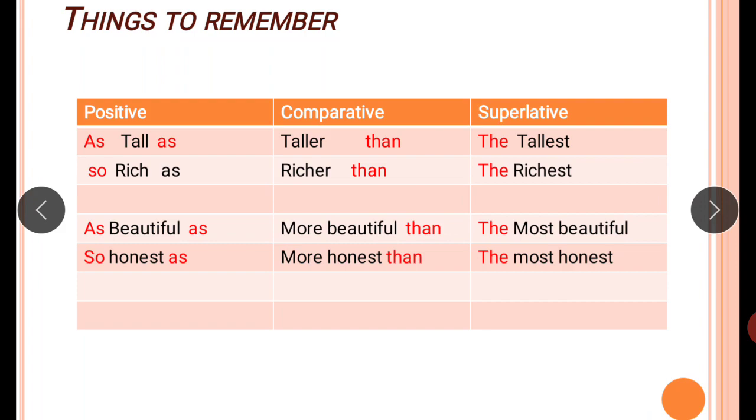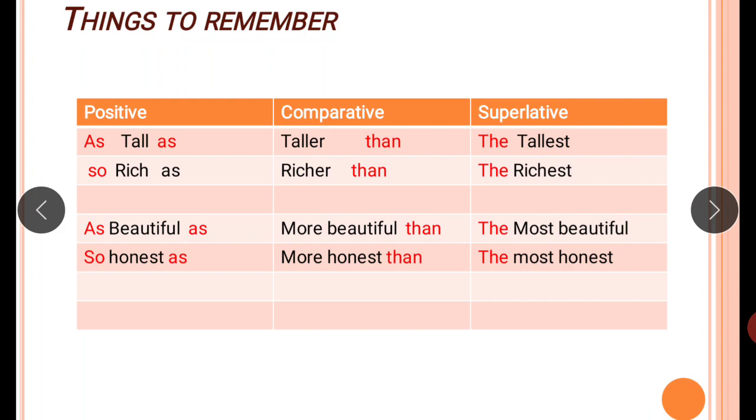So these monosyllabic words will not have more and most. But when you read the word beautiful, it has three syllables. Such two-syllabic words, that means disyllabic words, and trisyllabic words, take more in the comparative form and most in the superlative form.